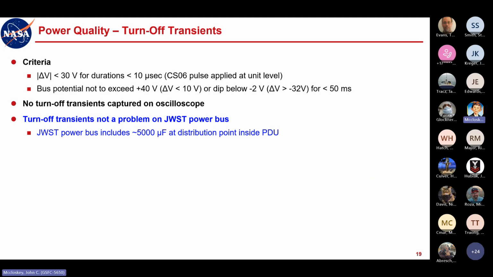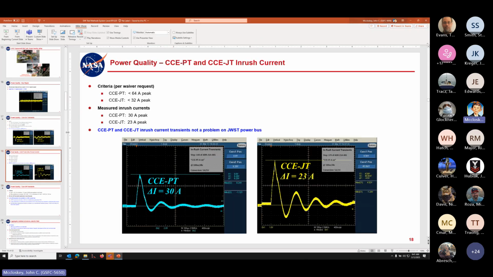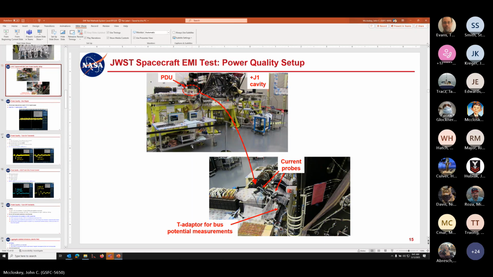Let me go back to the picture. The distribution point, I've generally pictorially represented as a pair of copper bus bars somewhere in the spacecraft near the battery. That's not what we had here, and I think that's not very typical on a lot of recent missions, and that's certainly not what was done here.